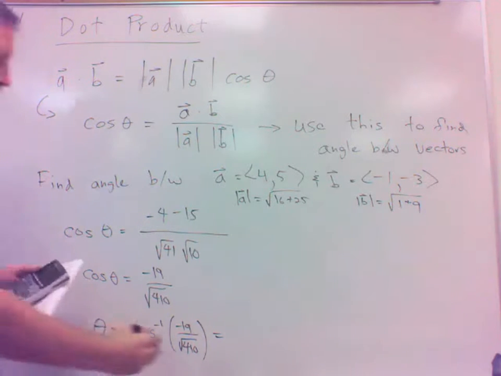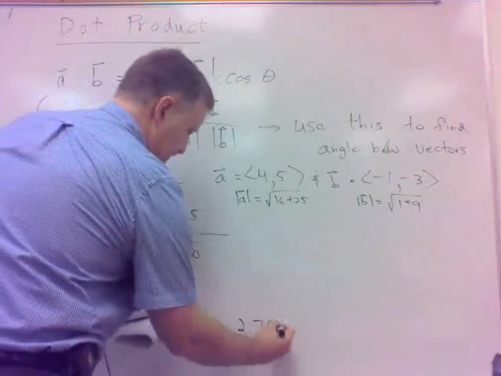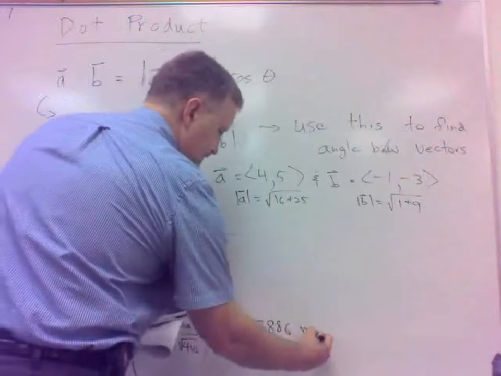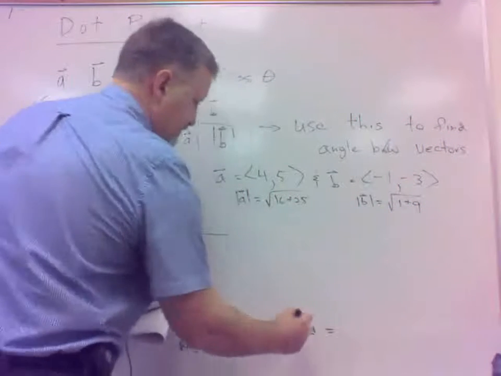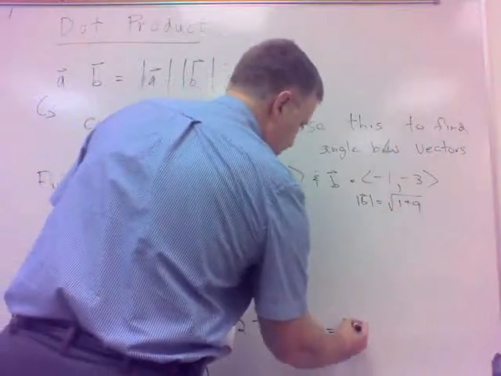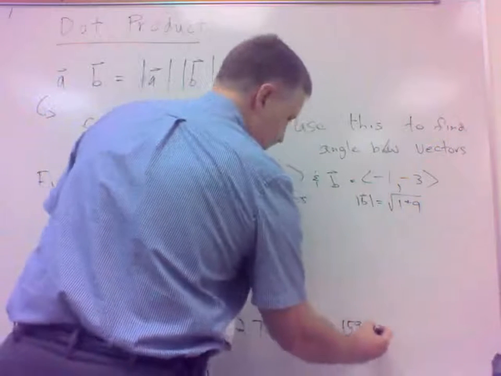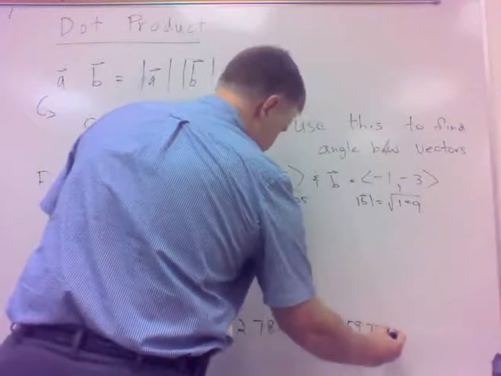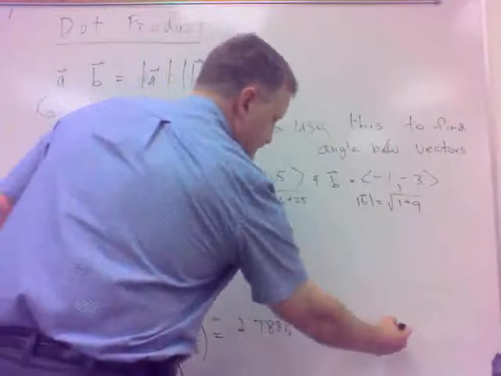Yeah, 2.7. This should be 2.7886. That would be the radians, which is approximately 159.775 degrees.